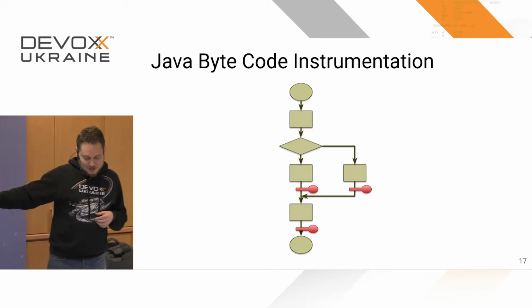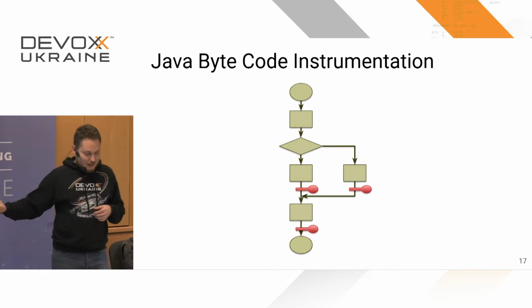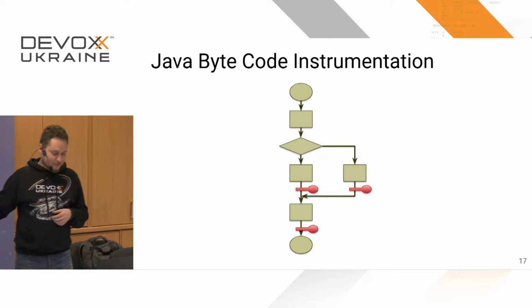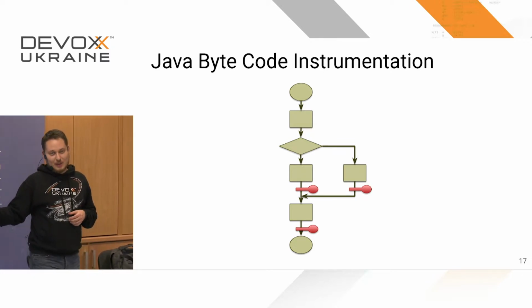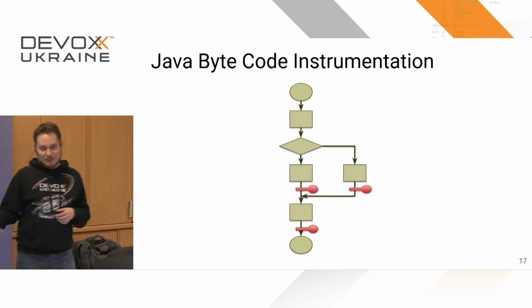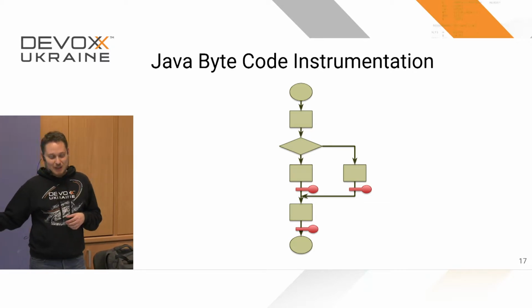In certain places, we might have ifs, so we need to add some additional probes. In this example, if the probe on the left was executed, we know which of the two branches was taken. If the probe on the right was executed, we know that it's the other branch.